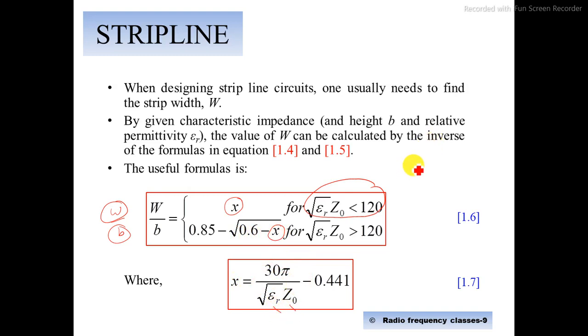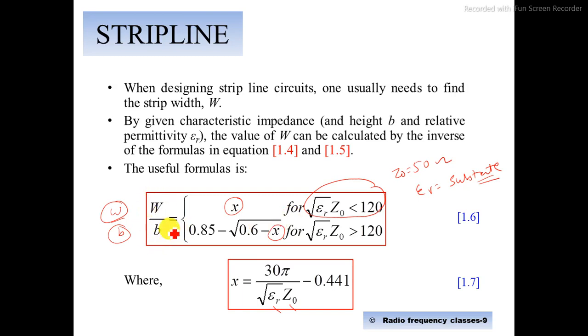In most cases, the standard Z naught is 50 ohm, and epsilon R will be given depending upon the substrate used for the design. So easily we can calculate this, and then W by B.